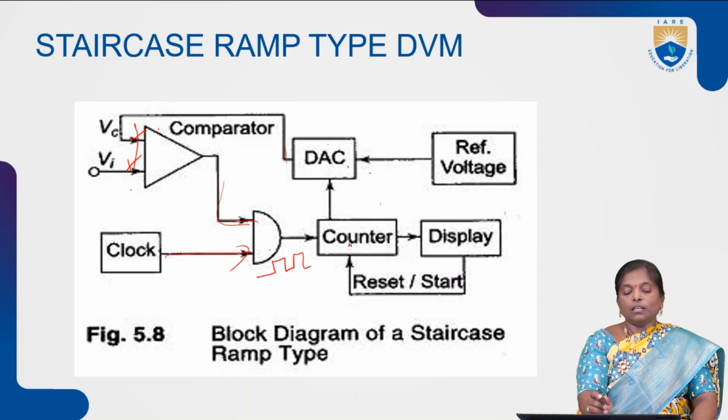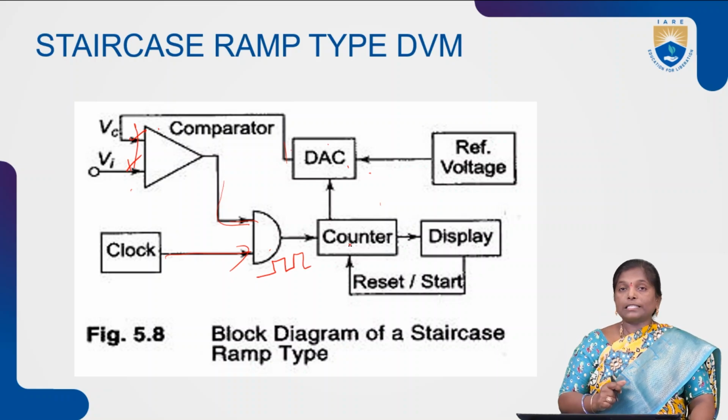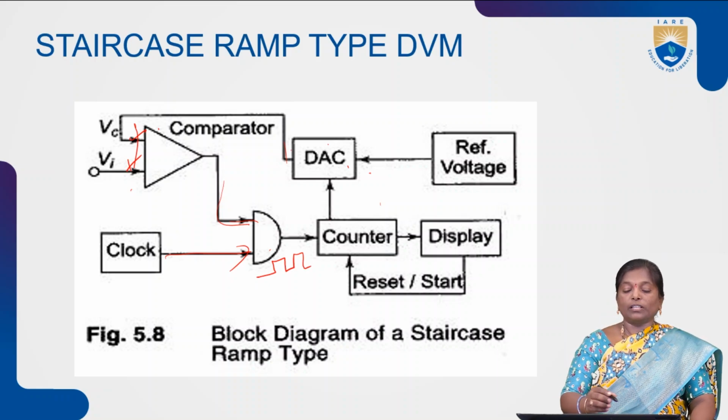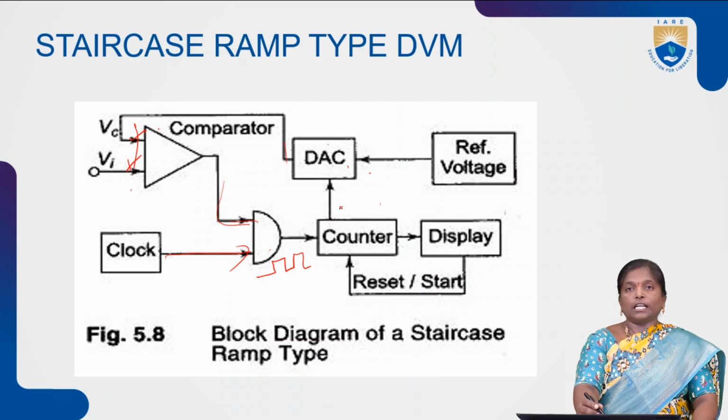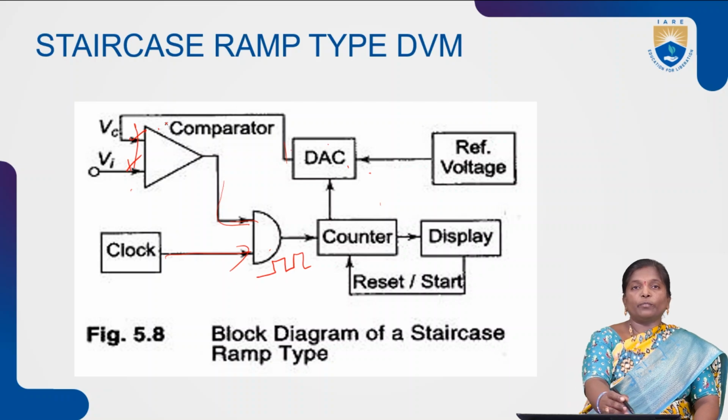As long as the clock generates the clock pulses, the counter will count the number of clock pulses and according to the count value, that digital data is converted into analog data. That analog information is compared till the input voltage is equal to the comparator voltage.